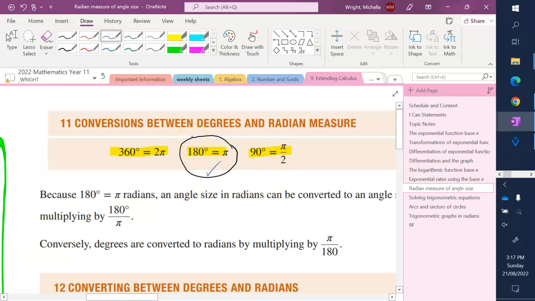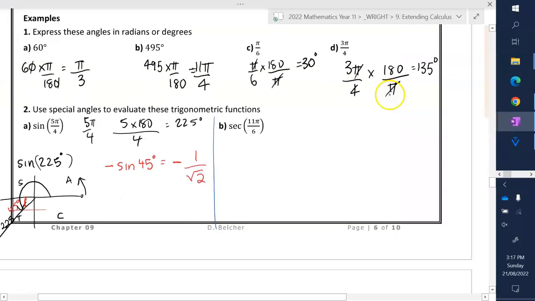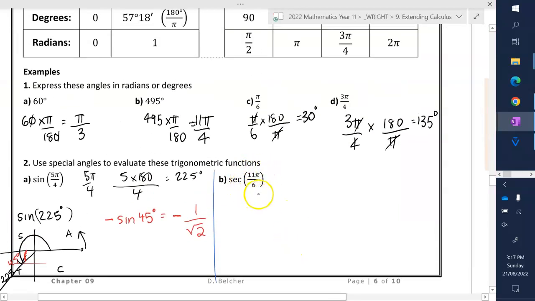So what we're going to be doing is changing our sec of 11 pi on 6 into degrees, because we're familiar with working with that. My pi is 180, so I'm going to have 11 times 180 divided by 6. Quickly plug that in your calculator and see what we end up with, and we're going to end up with 330 degrees. So I need sec of 330 degrees.